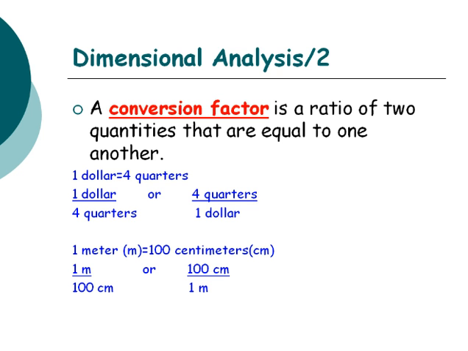A conversion factor is the ratio of two quantities that are equal to one another. So here we have what I call an equivalent statement. $1 equals 4 quarters. We can set up a ratio: $1 is to 4 quarters, or 4 quarters is to $1.